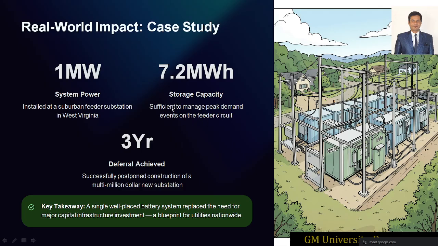Even with the feeder circuit, we are storing this much energy. We already have 1 megawatt, the power system supply is already there, and we are going to store this much energy. Because to satisfy that load leveling, these are the things which have to come in the real world. Okay, these are the case studies you have to do.